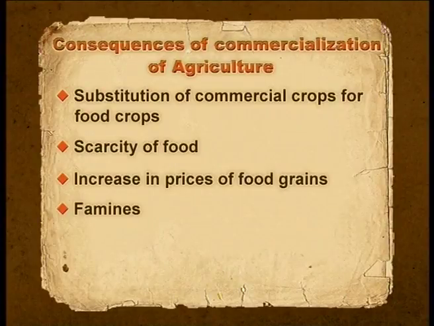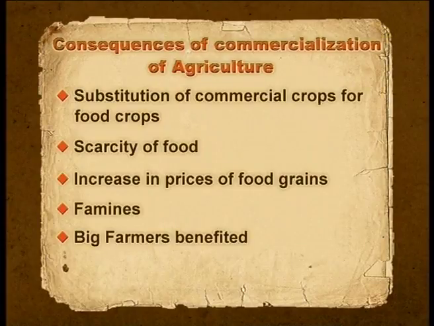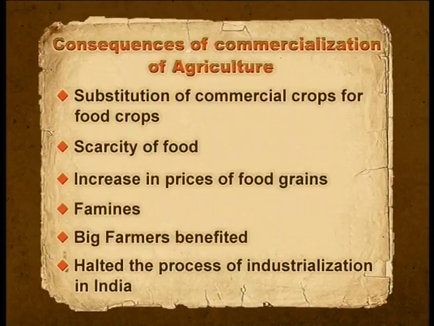Ultimately, it brought about a lot of famines. Only a few big farmers benefited from commercialization of agriculture, but most of the small farmers were hard hit. So this again halted the process of industrialization in India because the raw materials and other things which are necessary for industries were also reduced.